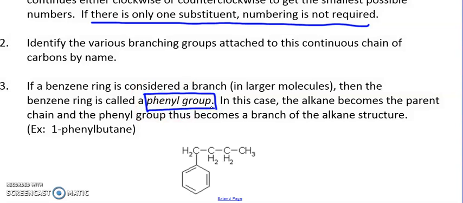An example would be this: a chain with a butyl group. Instead of saying butylbenzene, the actual name would be 1-phenylbutane, because this carbon is the first one, and you've got a phenyl or benzene group off of it. So 1-phenylbutane.